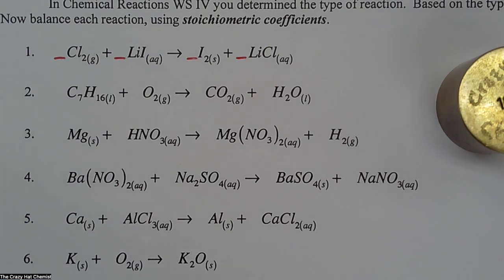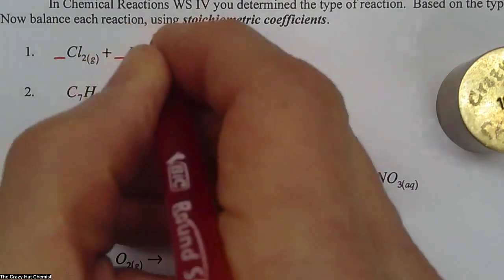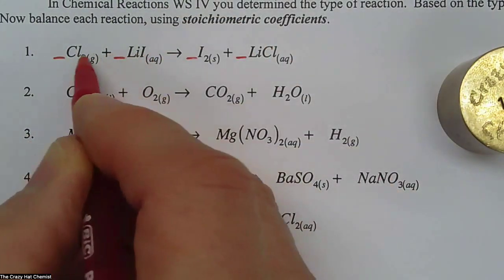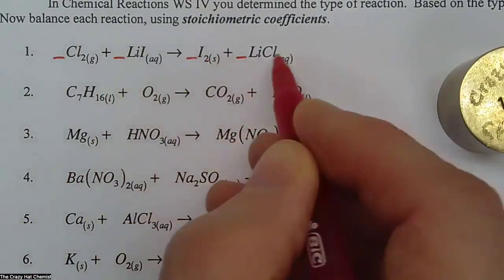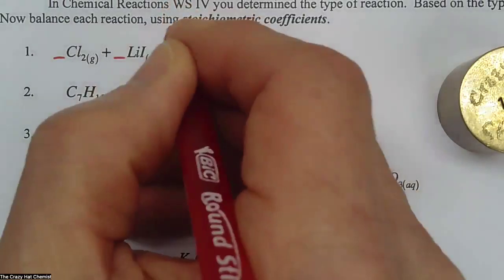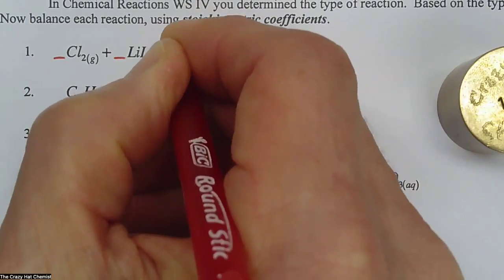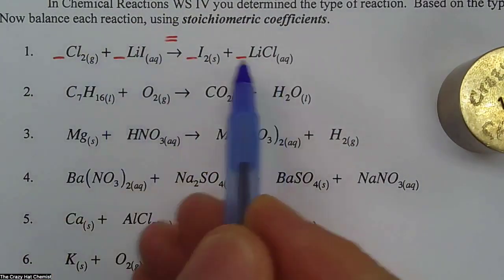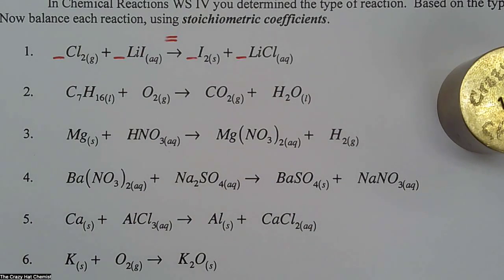That is the same number of each element on both the reactant and the product side. What you want to do is imagine this arrow that separates the reactants on the left-hand side of the arrow from the products on the right-hand side of the arrow. You're going to imagine that arrow as an equal sign. So you want the same number of each element on both sides of the chemical reaction.